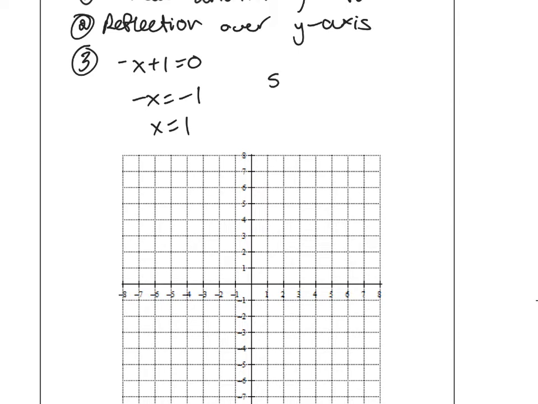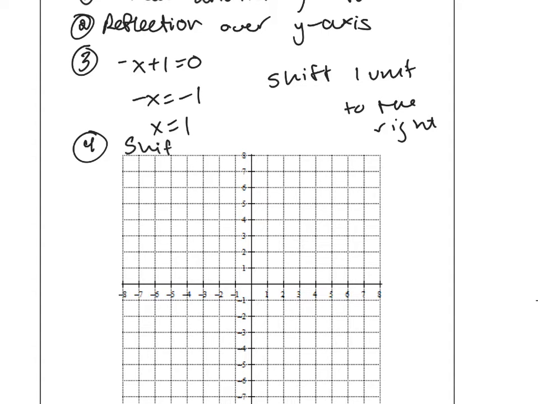Now, real quickly, outside of the square root, we have a -3, which means we're going to shift 3 units down.